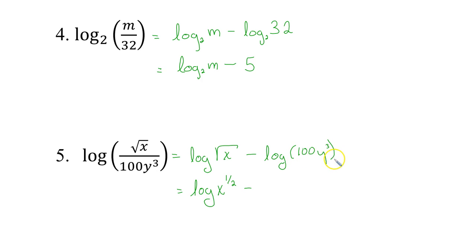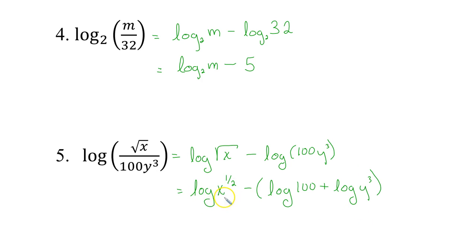Minus, and we're going to split this into 2 pieces. Because this is a minus, I am going to put this in parentheses, and we will distribute that minus sign in a minute. So I have the log of 100, because I have the product of 2 functions, I can make this a plus, the log of y to the third power. Now we're going to do a couple of things here.